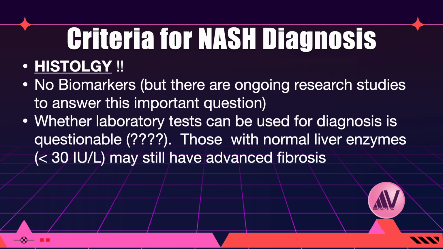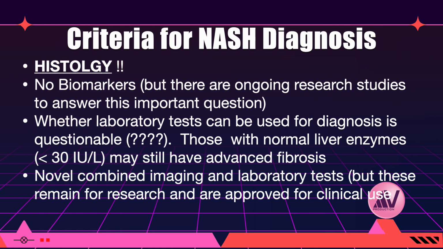Those with normal liver enzymes, that is less than 30 international units per liter in females or less than 40 international units per liter in males, may still have advanced fibrosis. Numerous research efforts are underway to identify non-invasive diagnostic methods for NASH. All in all, liver histology remains the only gold standard test for NASH diagnosis.